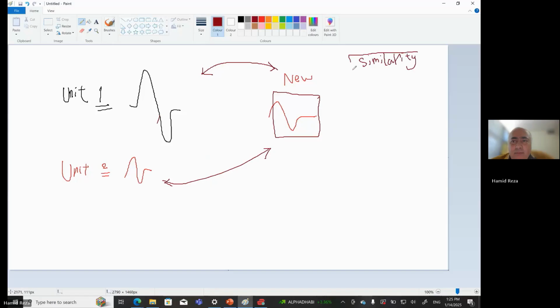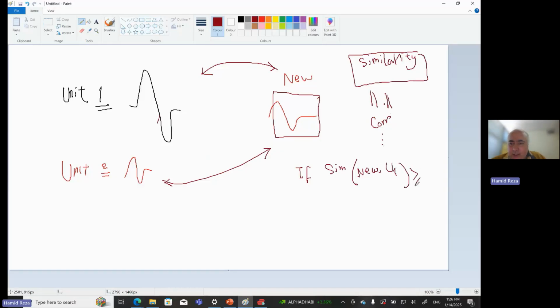That can be, for example, the Euclidean norm or correlation or any other indices. On the other hand, how can I make sure that these two are similar enough? We need a threshold, right? So I would say if similarity between the new one and unit 1 is higher than a threshold, then assign it, right?